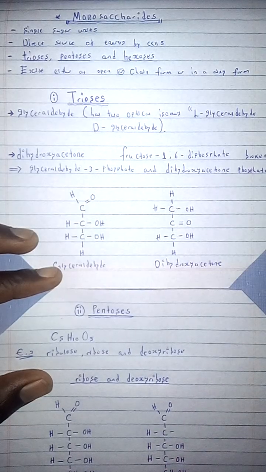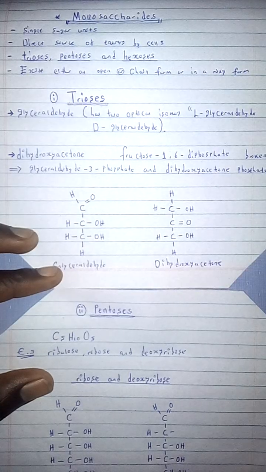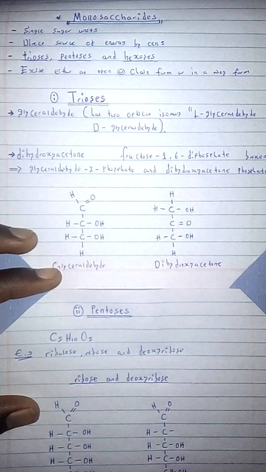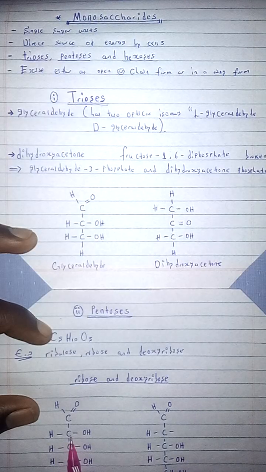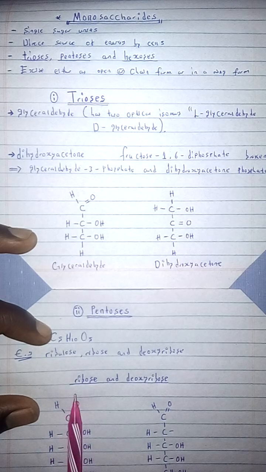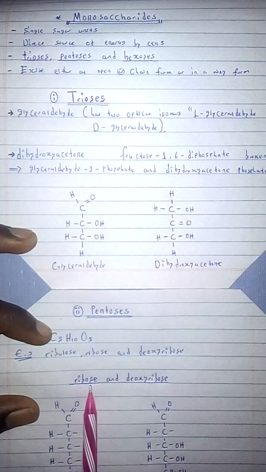So this is what I was talking about, this is our carbon 2, right? So when carbon 2 has one hydrogen and one OH group, the result is ribose sugar.